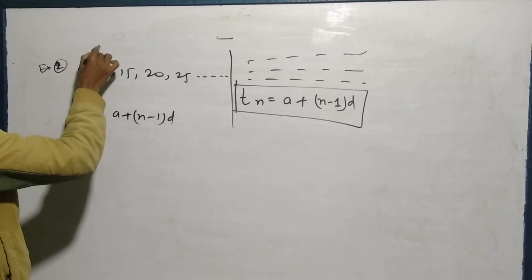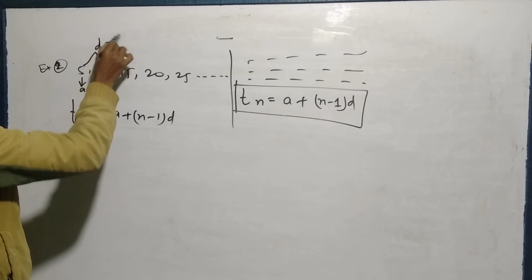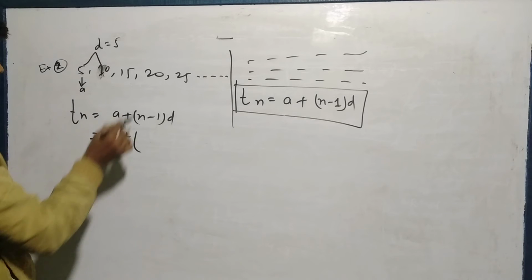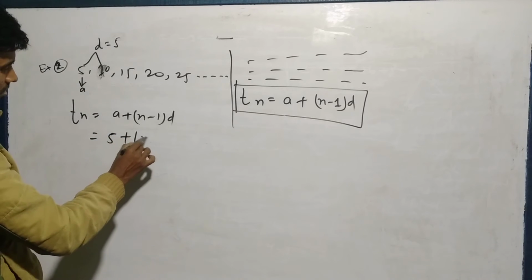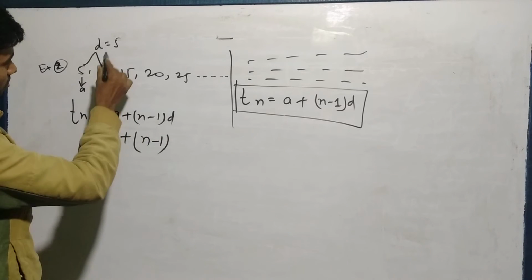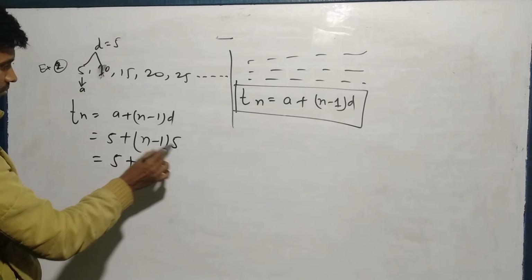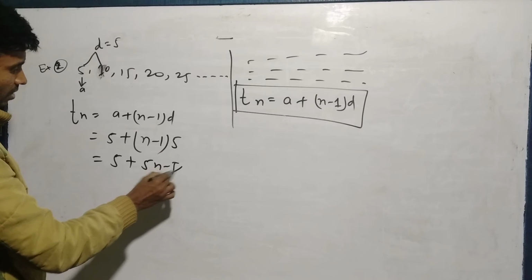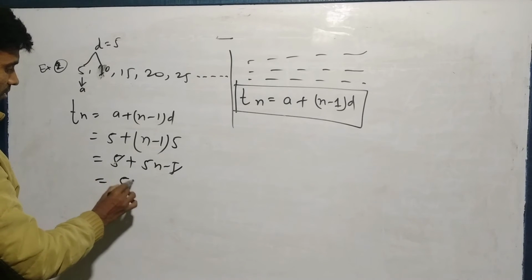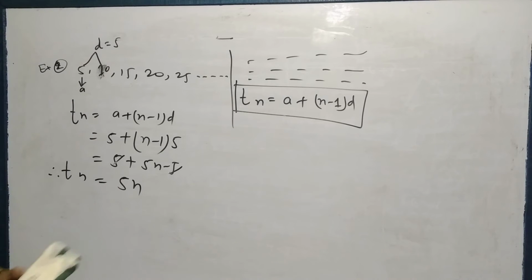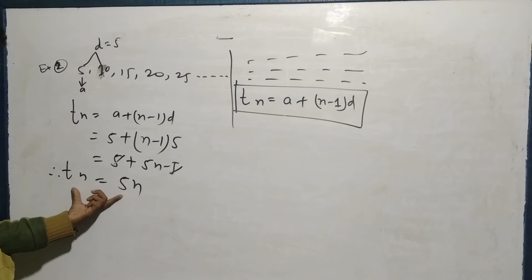And what is the value of D? 5. So A is 5, plus N minus 1, and D is 5. You know, 5 plus 5N minus 5, the 5s cancel. So the Tn is 5N. The nth term, otherwise the general term of the given sequence, is 5N.